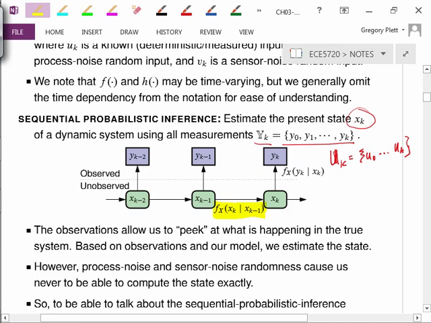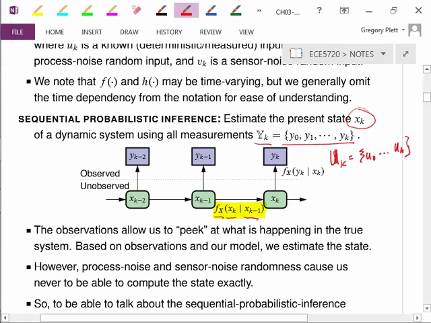And so we use a probability density function. This is a conditional PDF saying, what is the probability density function for arriving at state xk, some value of xk, given that I know for certain that at time k minus 1 the state was xk minus 1.